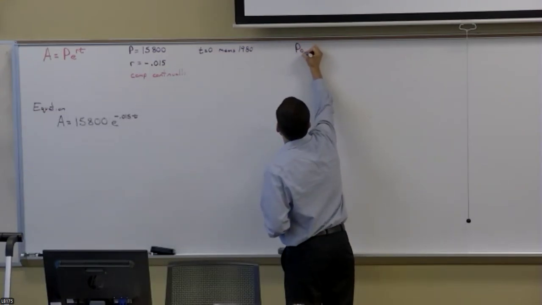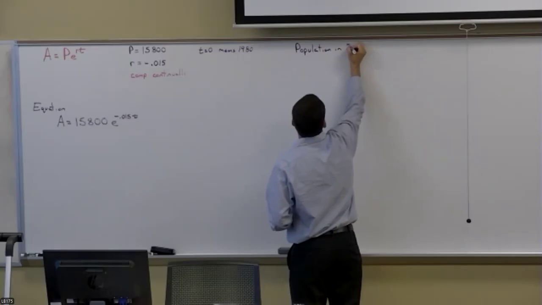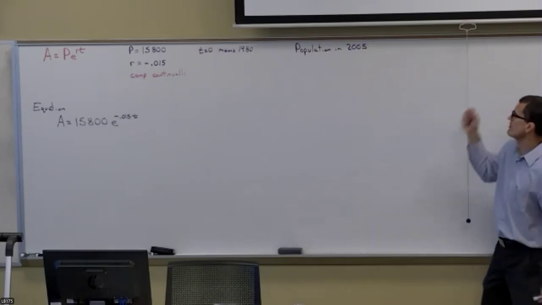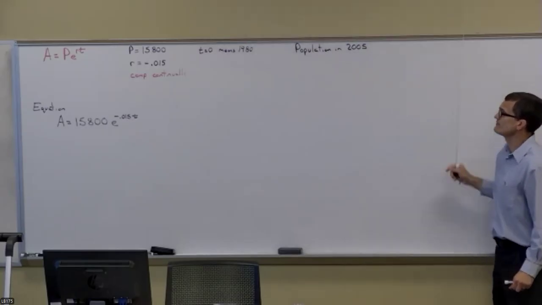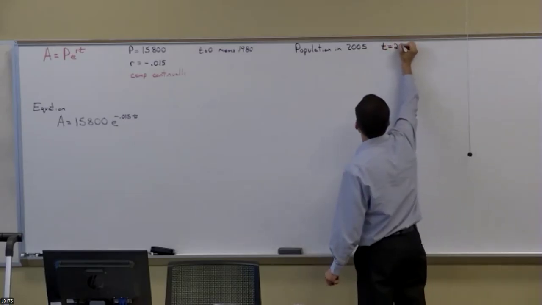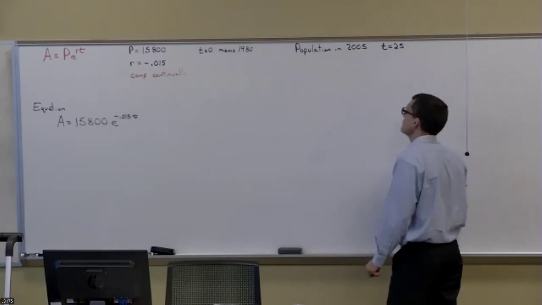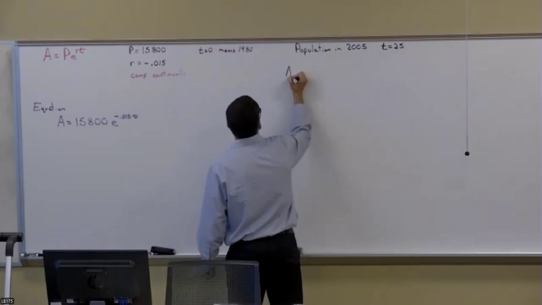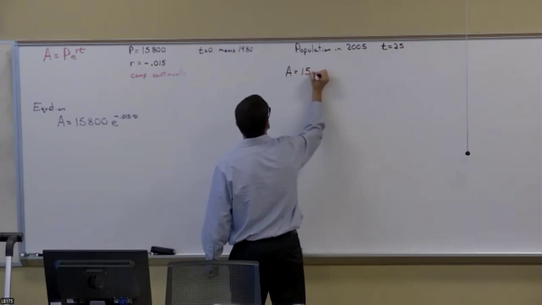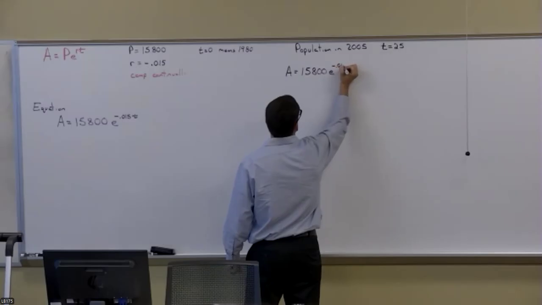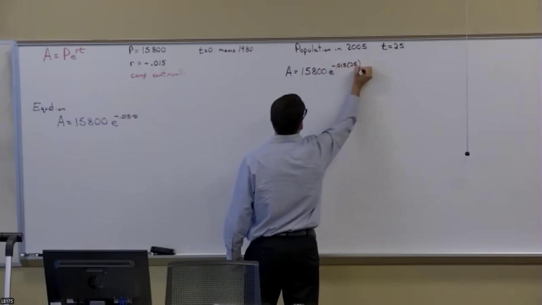We try to find the population in 2005. Since t is the years since 1980, that's going to be a t of 25. So when I plug that in, I get negative 0.015 times 25 there.